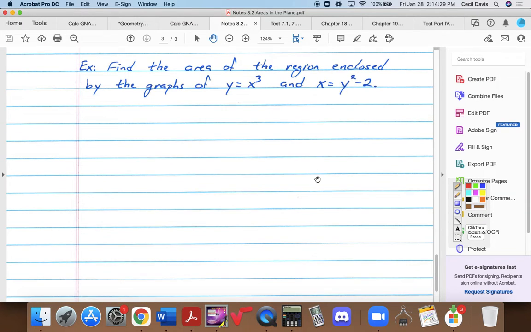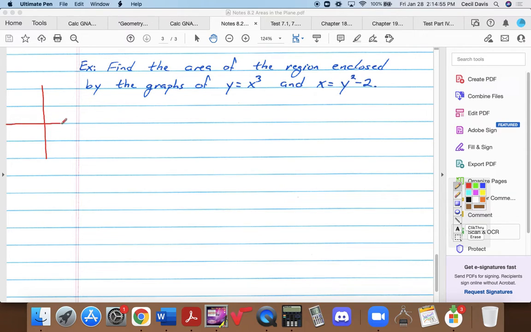All right, last one. Find the area of the region enclosed by y is equal to x cubed and x equals y squared minus 2. What the heck? Okay, I think I can graph that. Y equals x cubed, that one I'm pretty sure of.